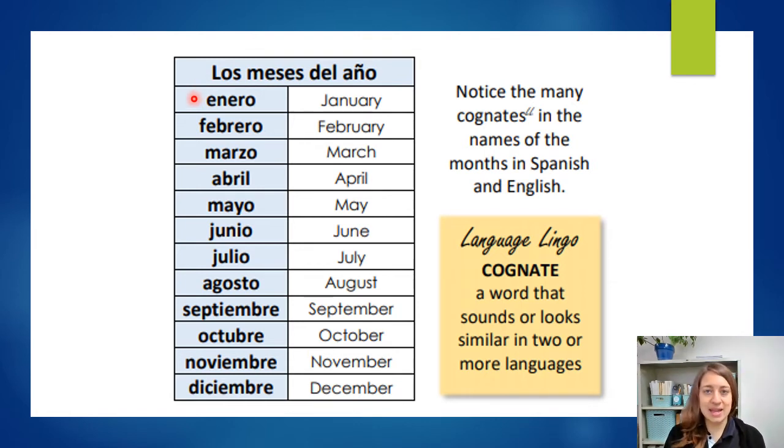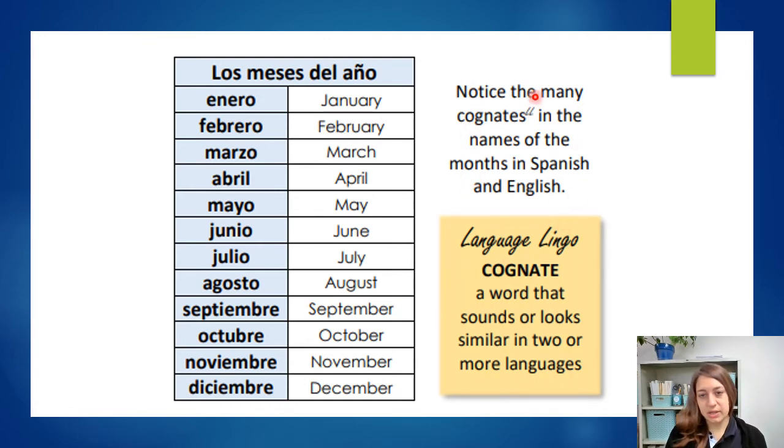So we have enero, do the Spanish and English in your book, febrero, marzo, abril, mayo, junio, julio, agosto, septiembre, octubre, noviembre, diciembre. Bien? And you can pause to take time to copy the chart.